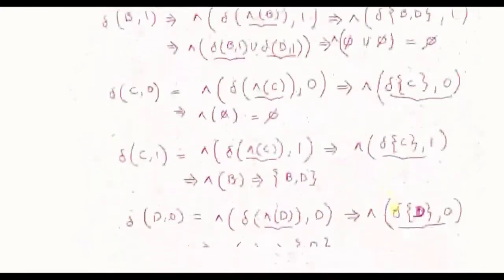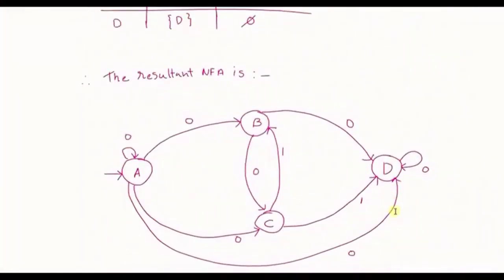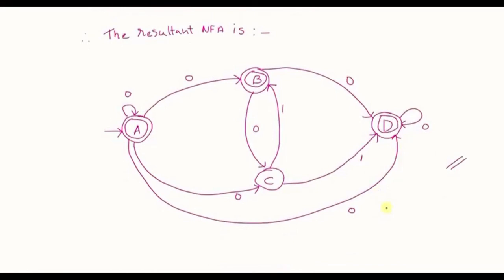So the final states will be A, B and D. These will be the final states of the resultant NFA. So this is the resultant NFA that we get. That's the end of today's lecture.